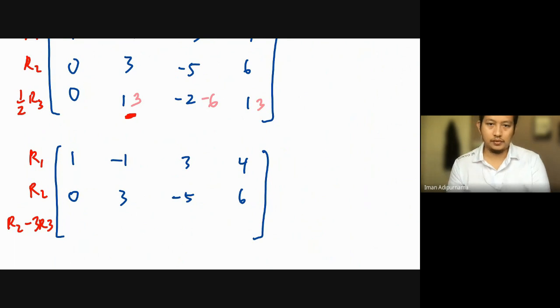So R2 minus 3R3 will be 0. 3 minus 3 is 0.